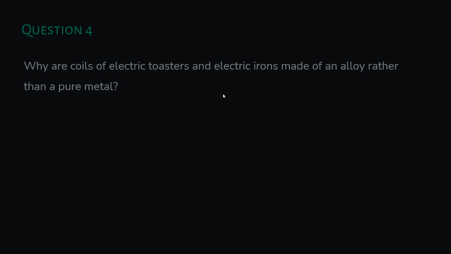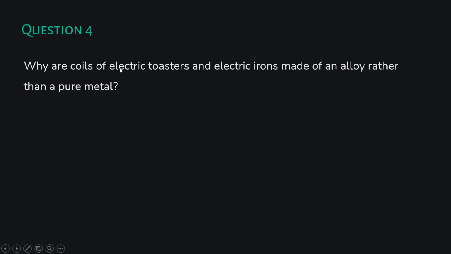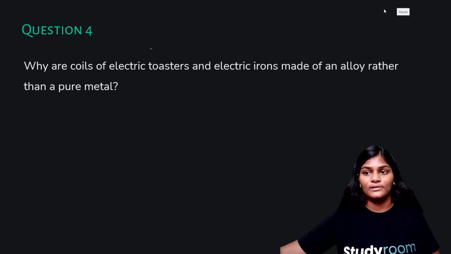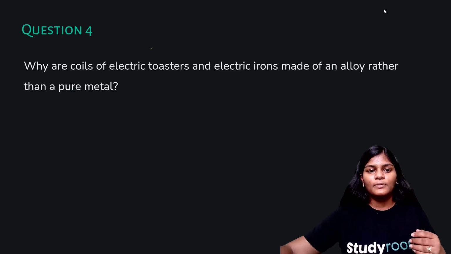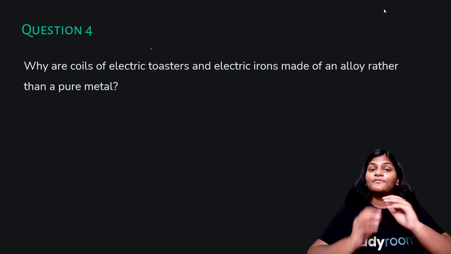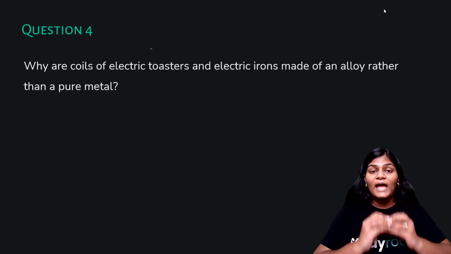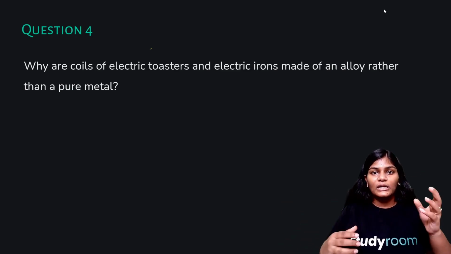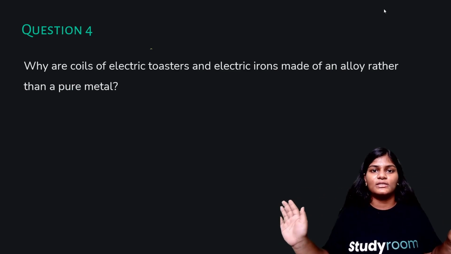Great. Next question, it says, why are coils of electric toasters and electric irons made of an alloy rather than pure material? You must remember that when we saw that table, conductors have very little resistivity, alloys have a little more resistivity than the conductors, and insulators have the highest resistivity.